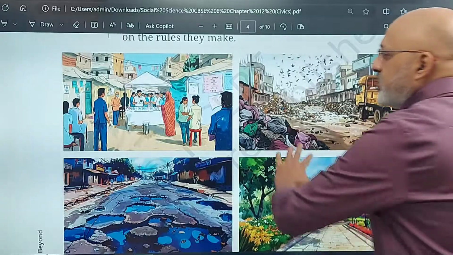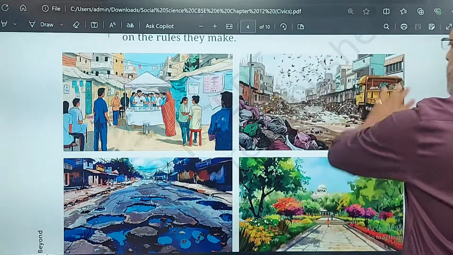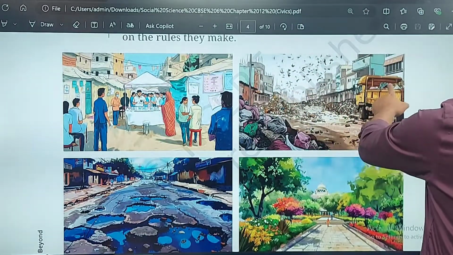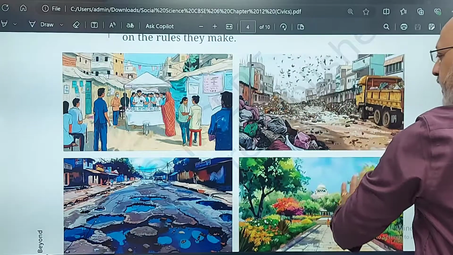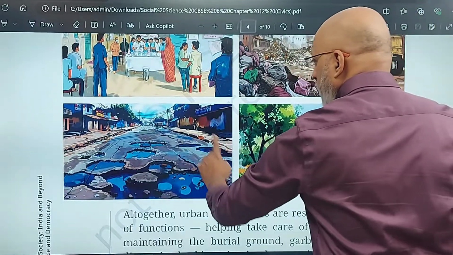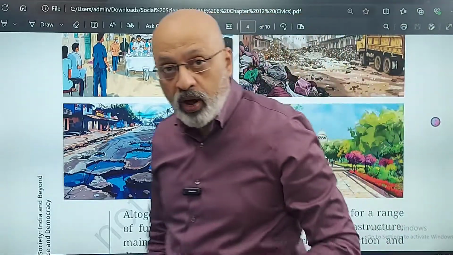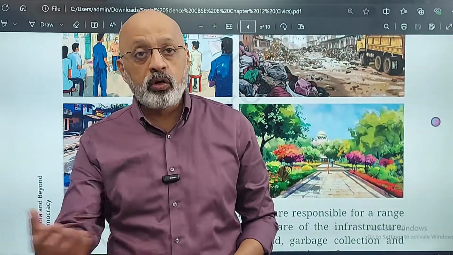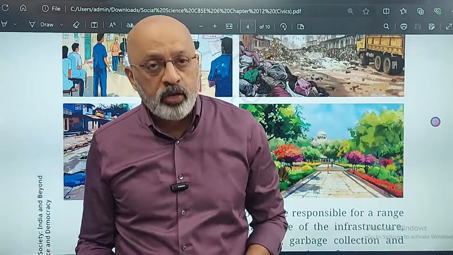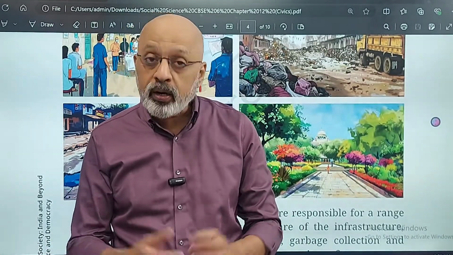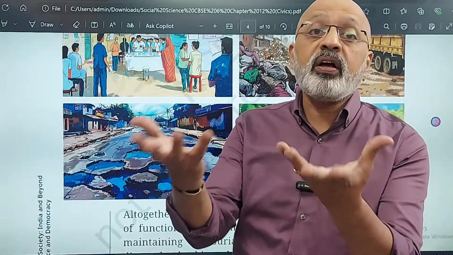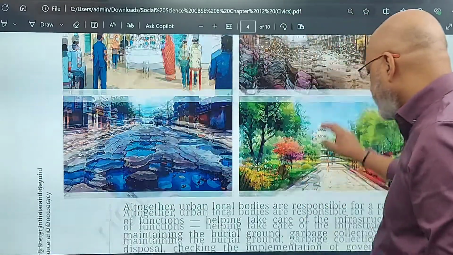So this is a health camp. This is garbage disposal. Garbage ka truck aaya hai, ye poora garbage leke jayega. Ye ho gaye roads which are not in good condition. This is about the greenery of your neighborhood park, so that you can go for walking, you can meet people, you can jog in the park, you can spend some time in the park. You need that kind of a green lung space.